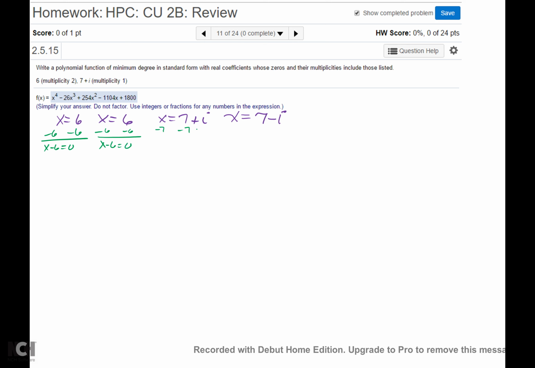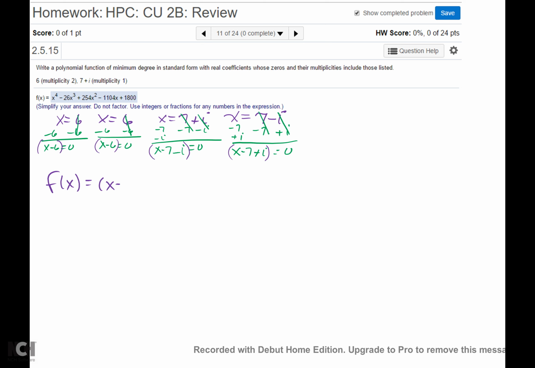Then x equals 7 minus i: I got to get 0 on that side, so that's going to give me x minus 7 plus i equals 0. And on this one, x equals 7 plus i: x minus 7 minus i equals 0. Which makes my function the product of these factors.